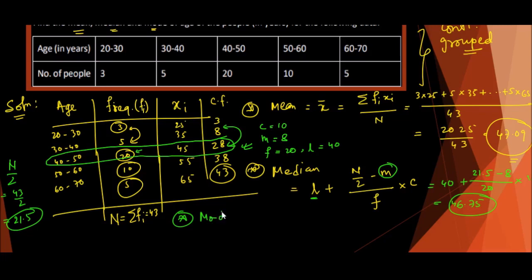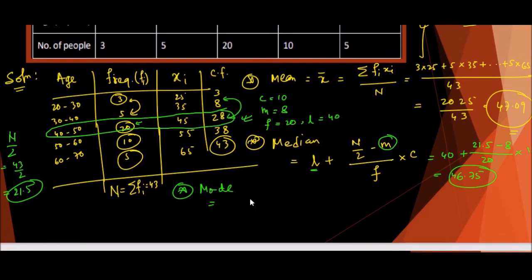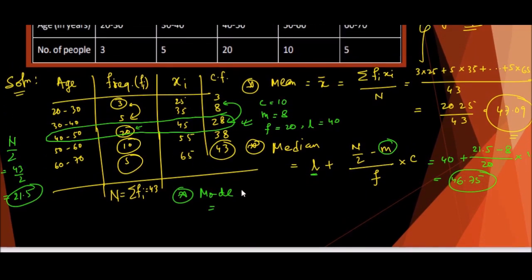Now the next one is mode. So in that case, what is the formula for mode? You have this formula in your hand: L plus (F1 minus F0) divided by (2F1 minus F0 minus F2) into C value.